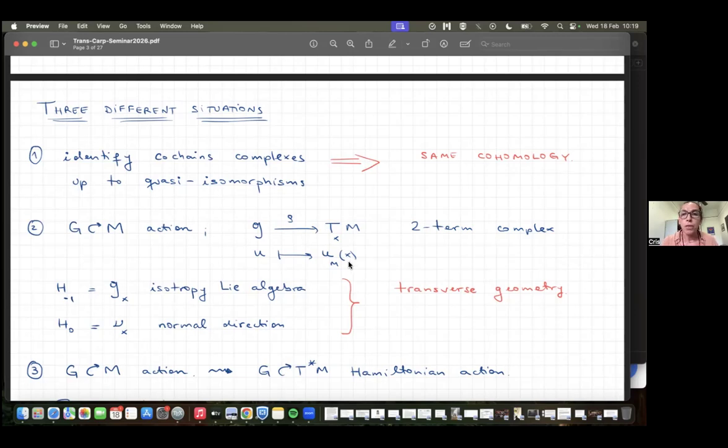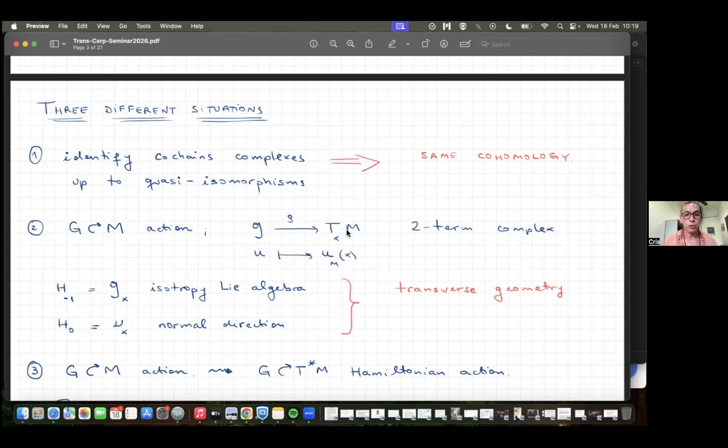But I want to think of this linear map as a two-term cochain complex. So I will put the Lie algebra g in degree -1 and the tangent space at x in degree 0. And all the other terms of the complex are 0.